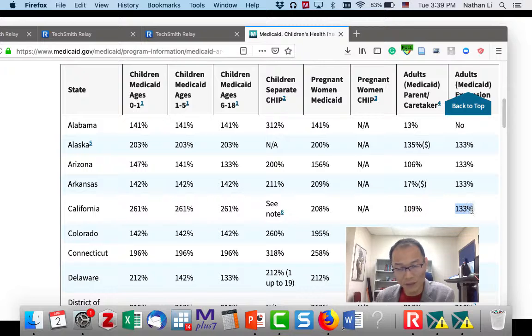After 2014, California did offer up to 133%. So this is why the previous coverage got expanded. Now people who make 133% of the federal poverty line can still be qualified for Medicaid in California.